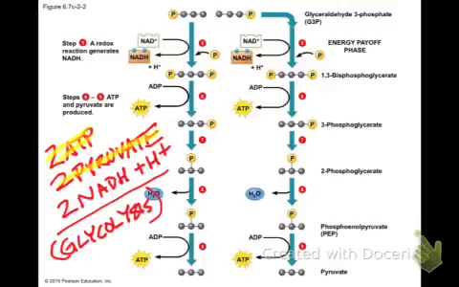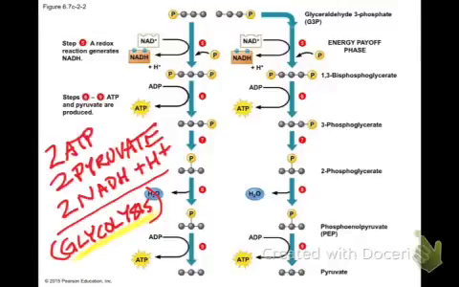This is a good thing, when you go in your notes, maybe to write in the margin. 2 ATP, 2 pyruvate, and we have 2 NADH plus H plus. So maybe in the margin of your notes, you just write this to the side. That's what we get from glycolysis.